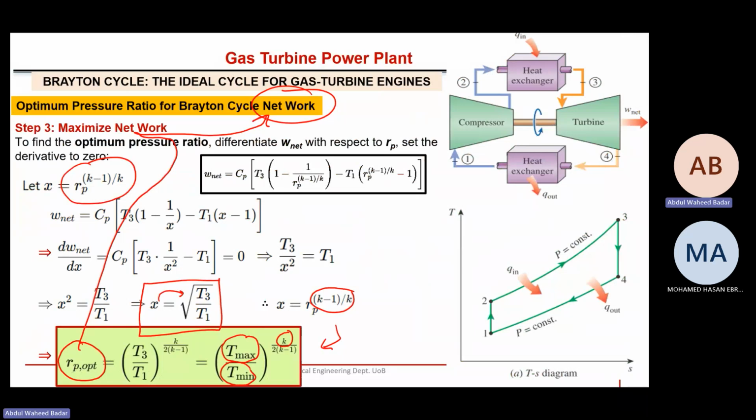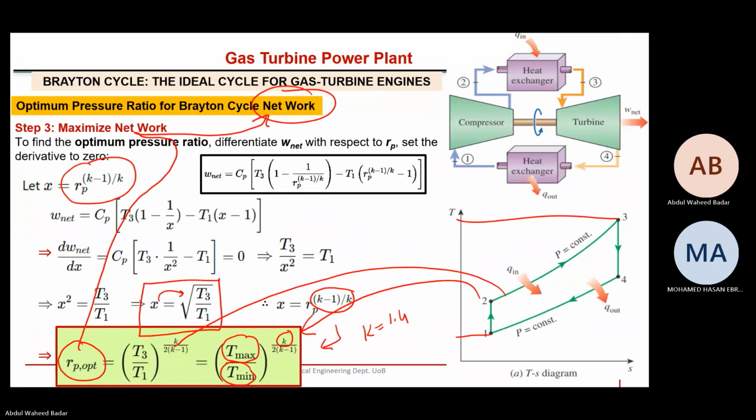Whatever Rp comes for work and efficiency, choose anywhere between these two. This is fixed, then this should be the pressure ratio given by this. So for air, k is equal to 1.2. Just put values for T maximum, T min. So this will be the optimum pressure ratio to get maximum work.